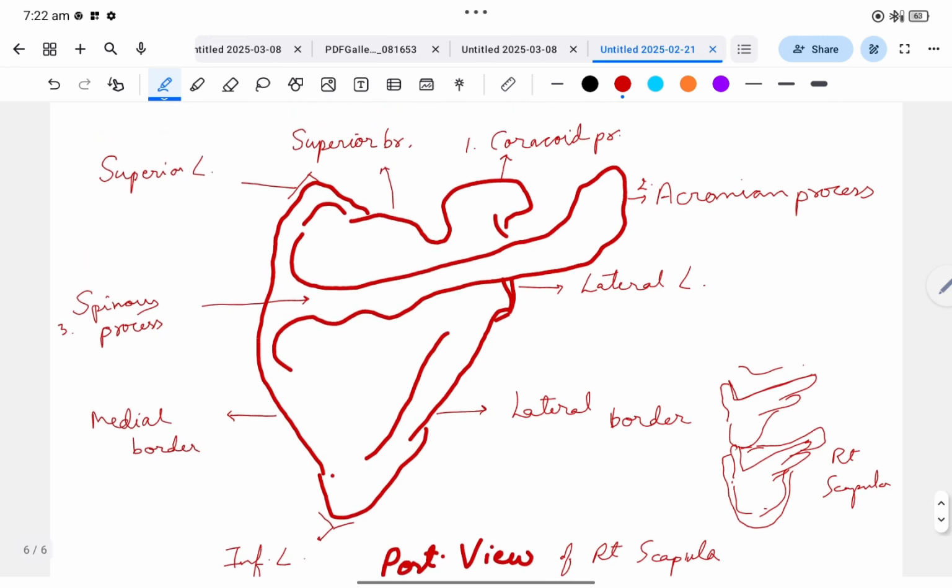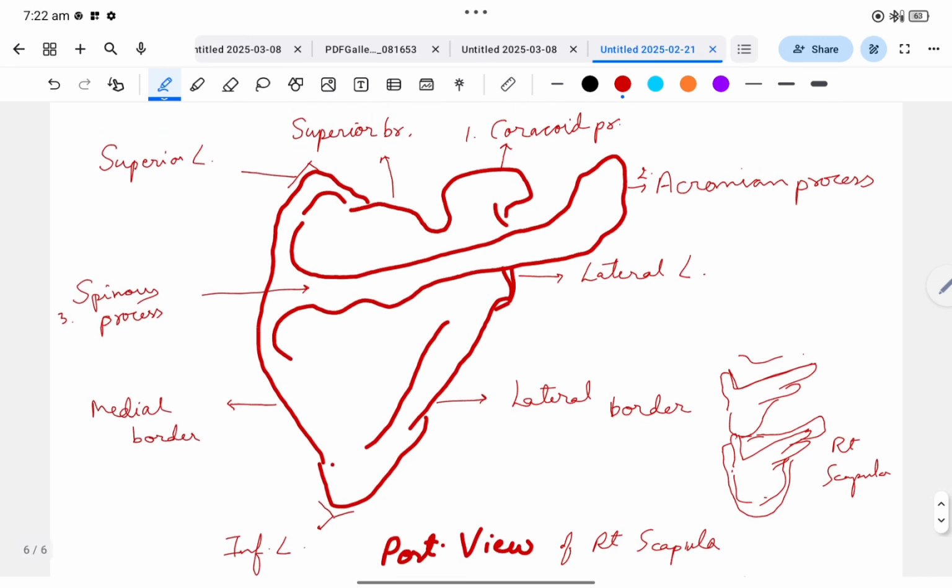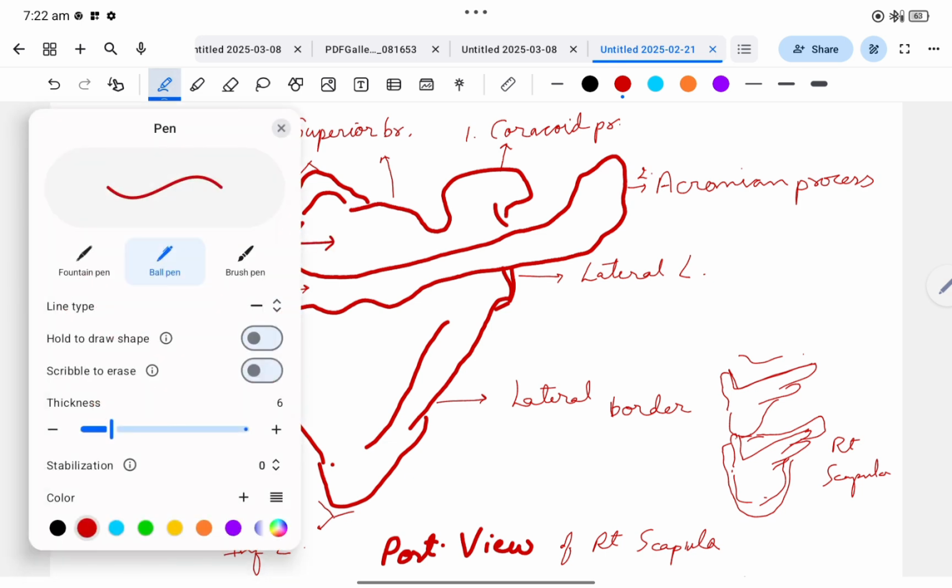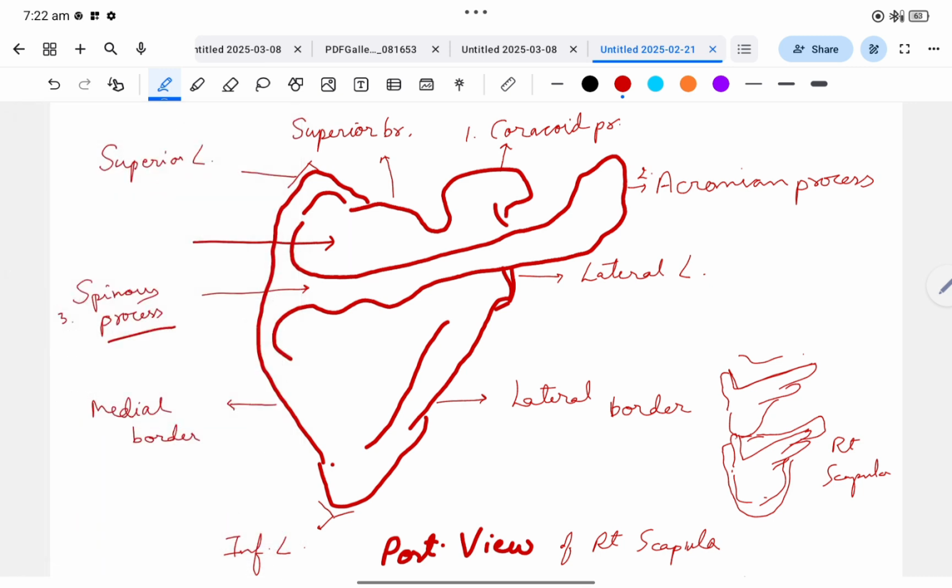Now the remaining things of the posterior surface are, now see, this is the spinous process. So there are things above the spine and below the spine. Above the spine is also a depression. This depression is known as supraspinous, because it is above the spine. Supraspinous fossa.